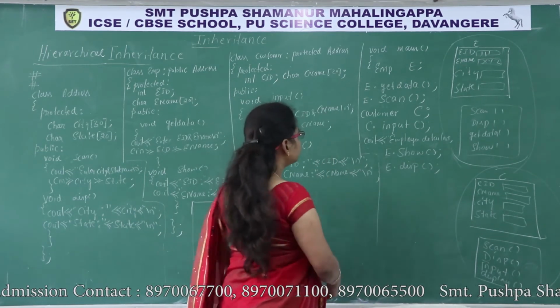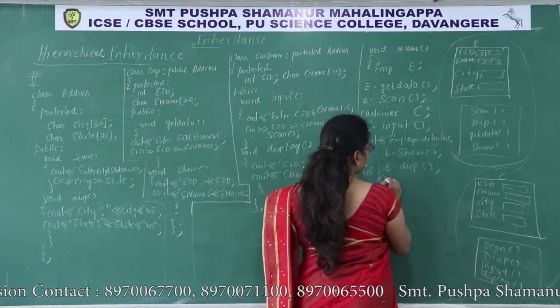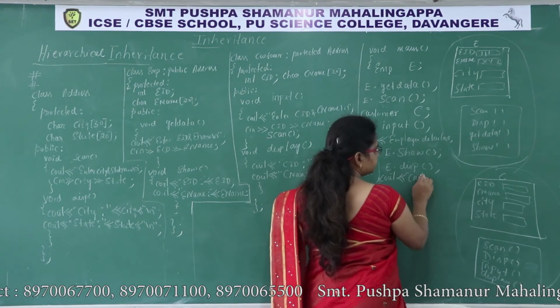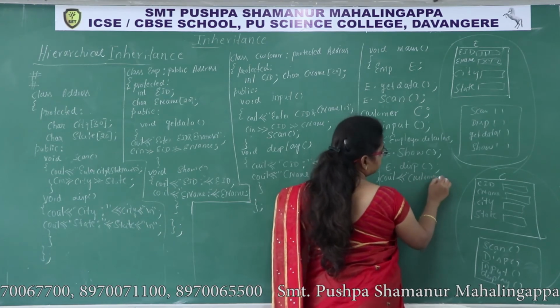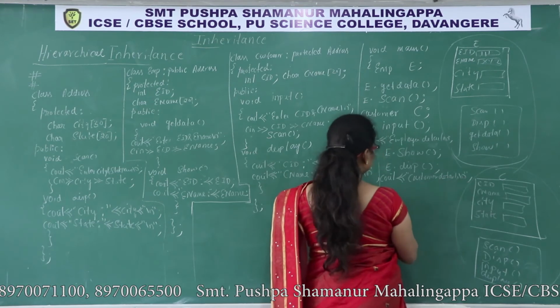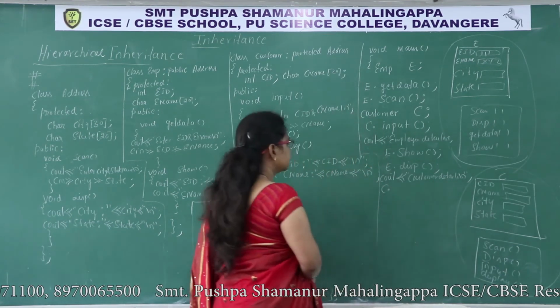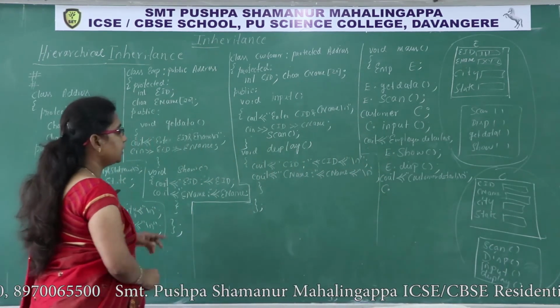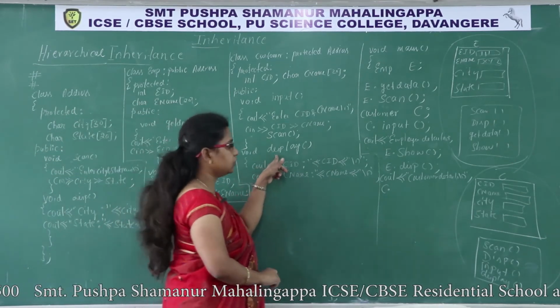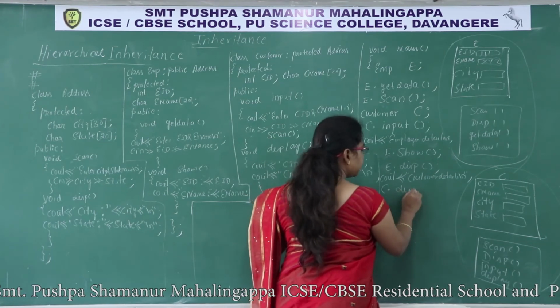Okay, now I want to display customer details. Customer details. C dot. First I want to display customer ID and customer name. There is a function called display function. C dot display.